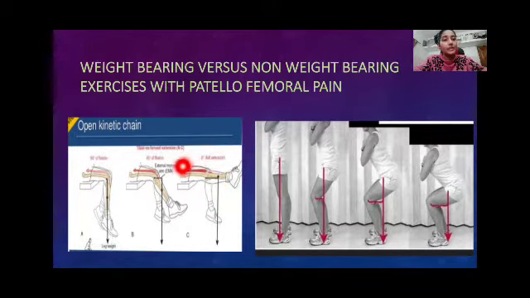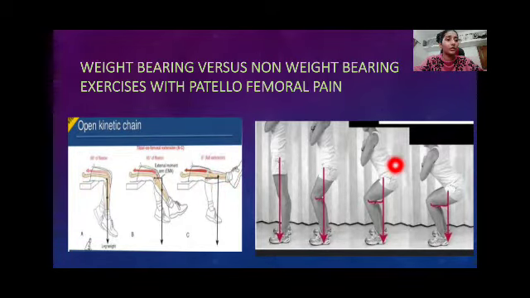So the quadriceps has to produce a lot of force to balance this increased moment produced by gravity. Because of gravity, the moment increases on knee extension, so the quadriceps has to produce more force at this position to balance the torque, a counteracting torque. And this occurs in open kinetic chain.